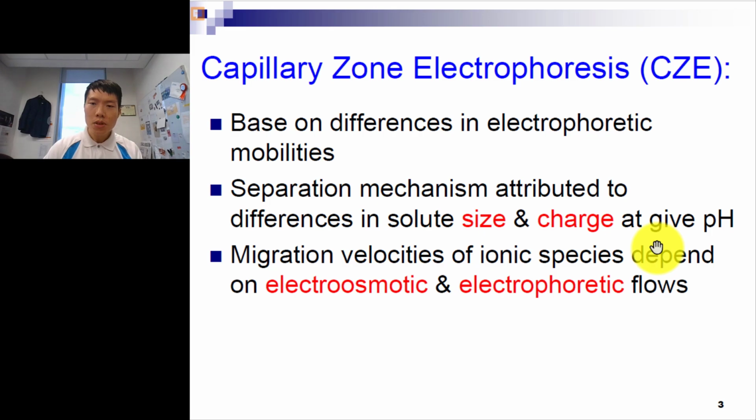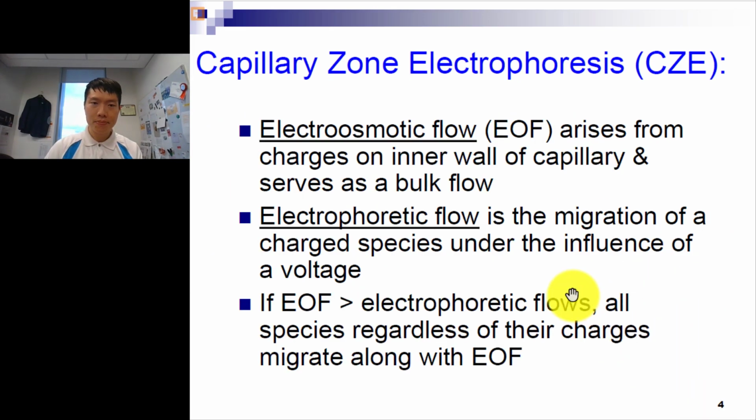Now, we know that CZE is really easy to perform, and the separation is based on different velocities, VEP, and the analyte ions are separated based on the charge-to-size ratio, the charge density. The charge can be adjusted by changing the pH, and the total migration velocity depends on both VEO and VEP, and the migration time is given by Vx.